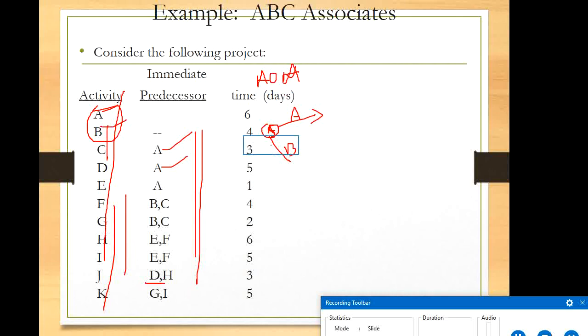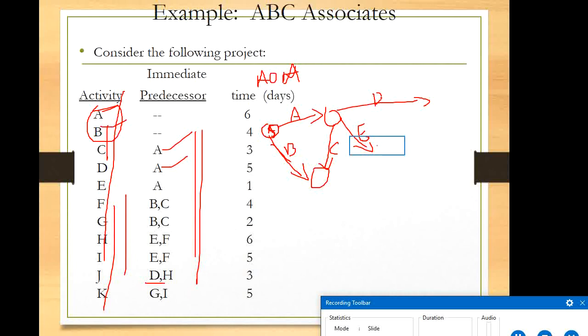A, B, then you join C here. E also needs to be taken from A, then D from A, D after A.